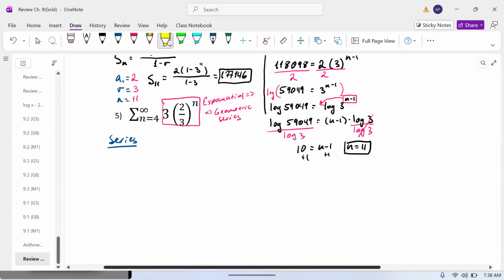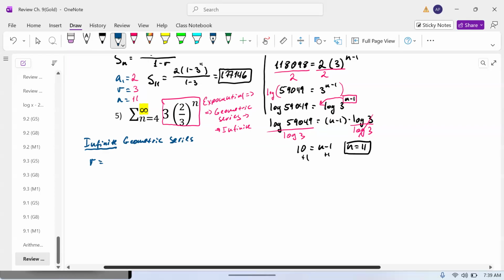Moreover, we can see that the top value is infinity. So it's not just any geometric series, it is infinite. So we have not just a series, but more specifically, an infinite geometric series. Now, if it is infinite, before we dive straight into the formula, we have to check what our r is equal to.